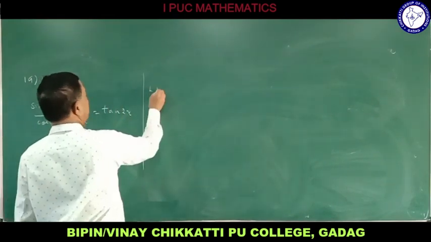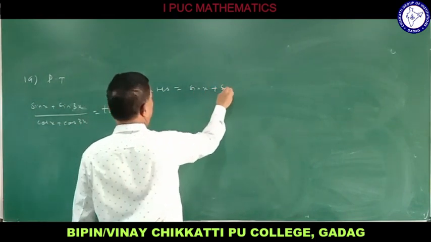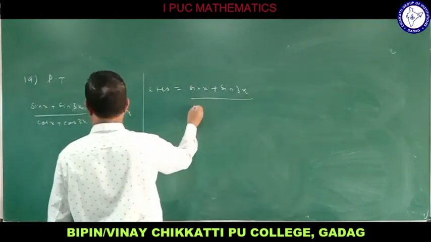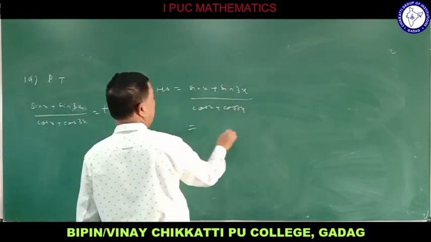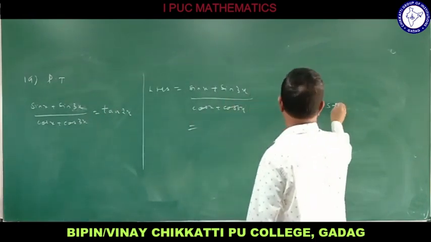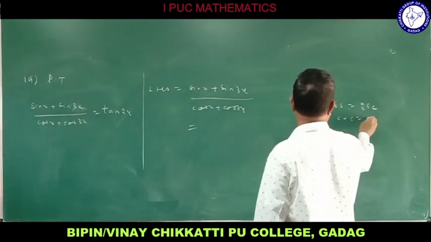So LHS is equal to (sin x + sin 3x) divided by (cos x + cos 3x). Look at the formula here: S plus S is 2SC and C plus C is 2CC.